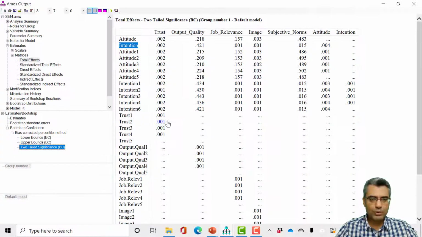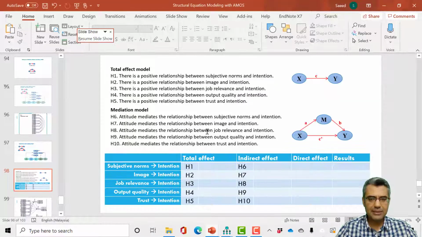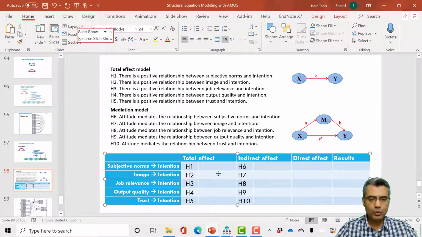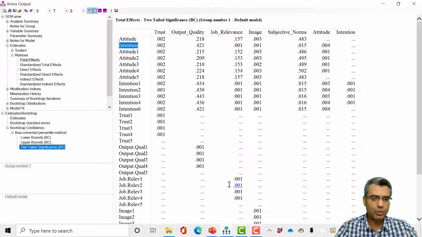Now let's complete the table here. For subjective norms, you can report the values, but I just write whether it's significant or not. So we are on p-value, total effect. The only one that is not significant is output quality.